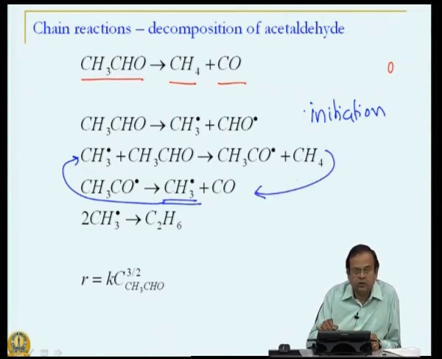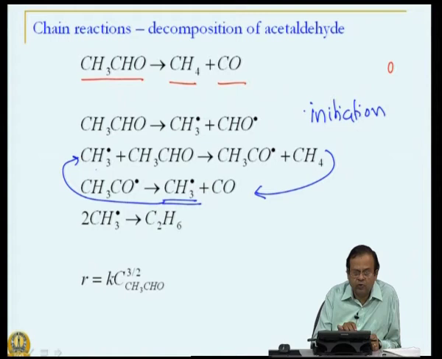This reaction, in other words, can sustain on its own, because the moment we have this methyl radical, that is why this name, initiation. So, once the reaction is initiated by formation of this methyl radical, it can be propagated indefinitely in principle.